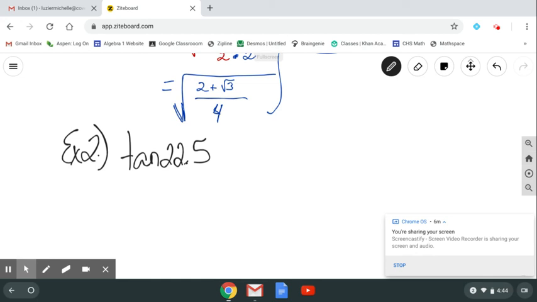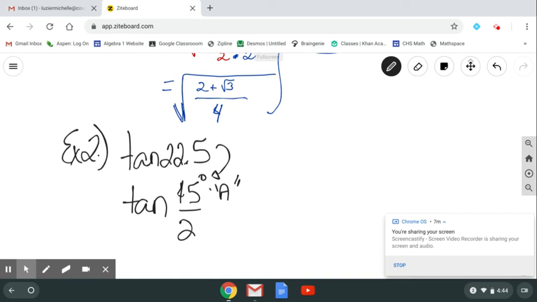So it becomes tangent of 45 divided by 2. All I did was rewrite 22.5 as a fraction, 45 over 2. So our A is 45 degrees.